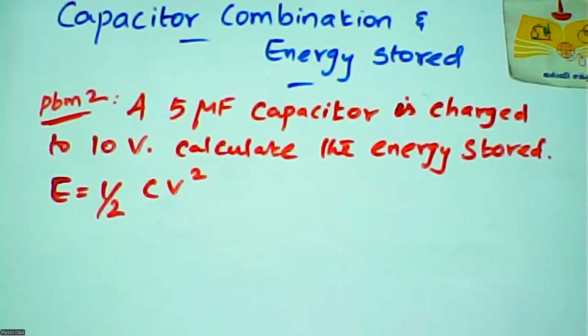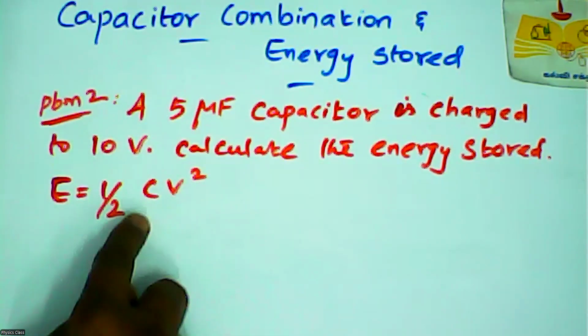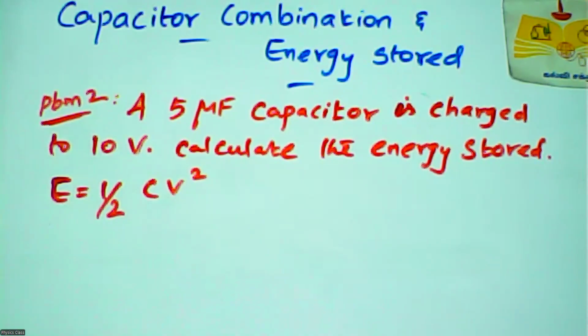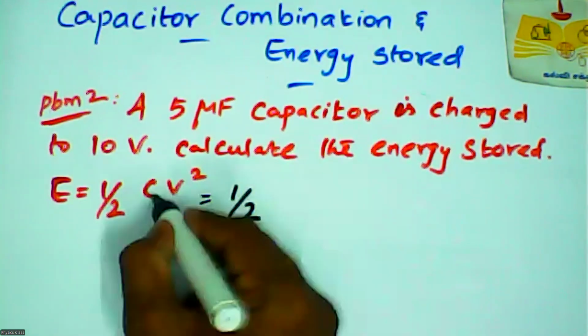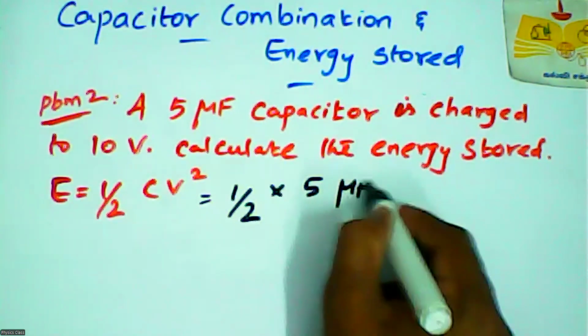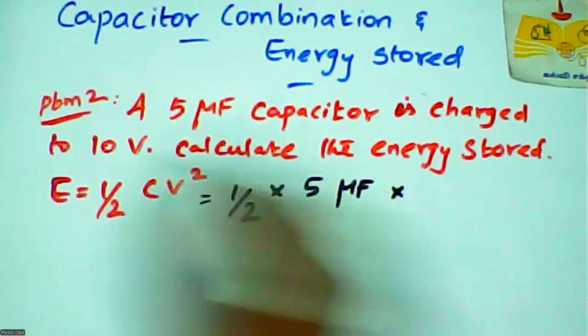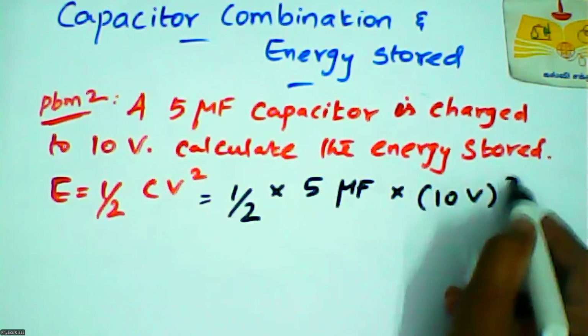For this case we have capacitance and voltage, so that's why I am putting this formula. E is equal to 1 by 2 CV square. 1 by 2, C is 5 microfarad and V square is 10 volt squared.